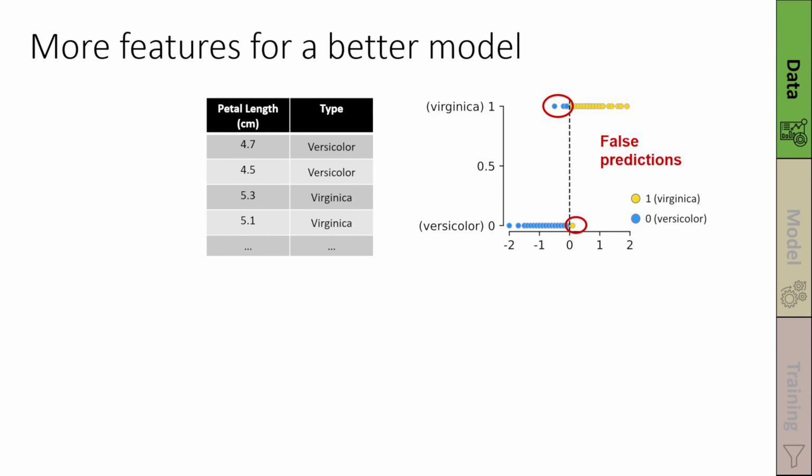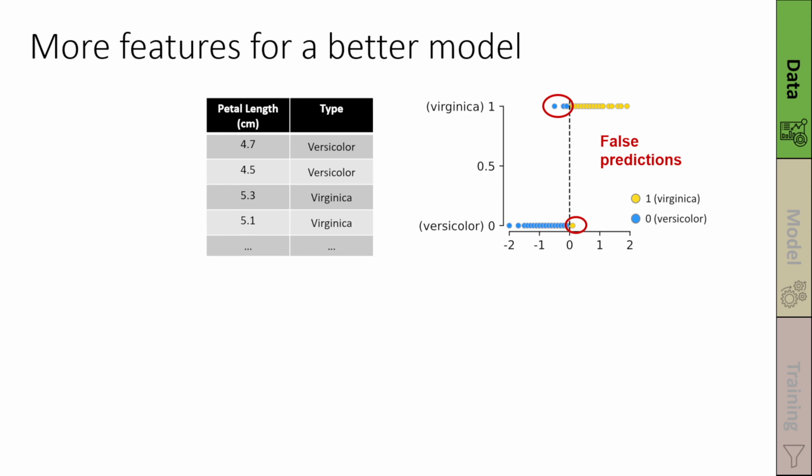We're almost done, but before we finish this section, I want to talk a little bit more about one possible way to improve the model. So far we've been using a single input feature, the petal length, to distinguish between the two types of iris flowers. But using this single feature results in some false predictions. So as you can see in the figure, for some of the petal length values, our model would assign them to the wrong class.